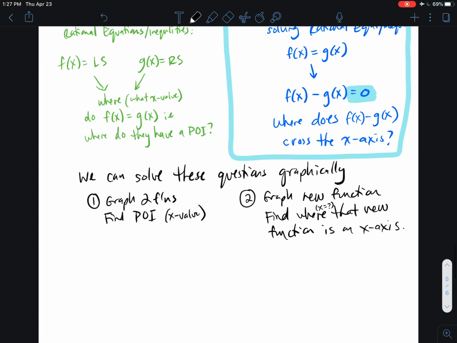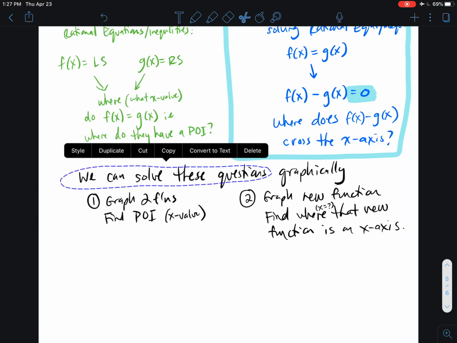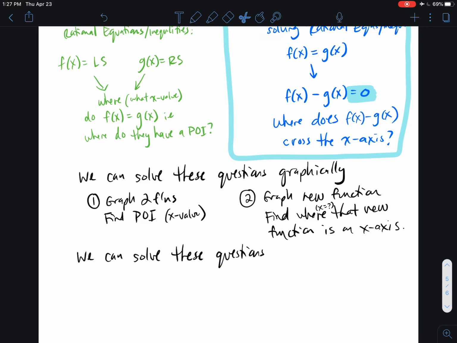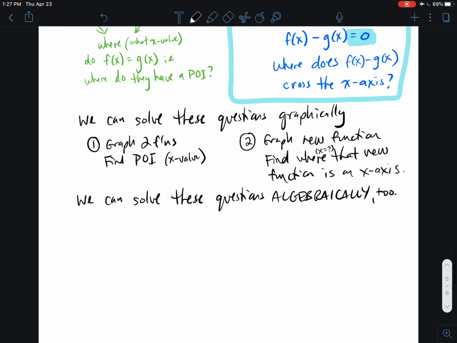We also can solve these algebraically. Okay, so there are a bunch of different methods to do that.